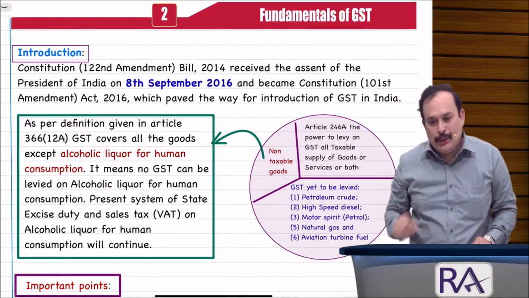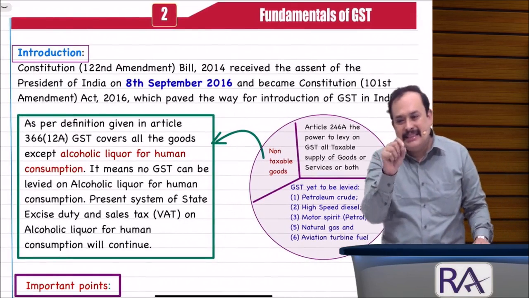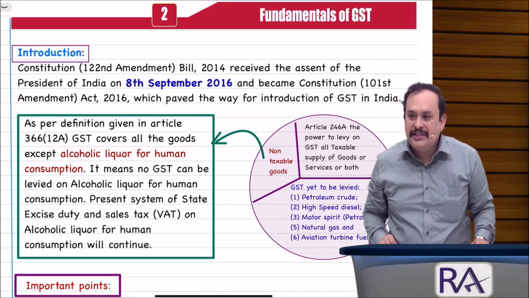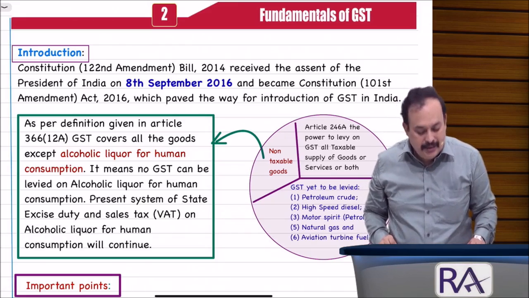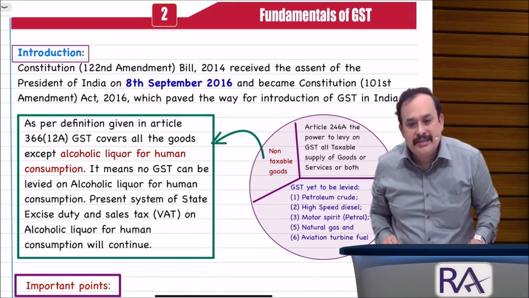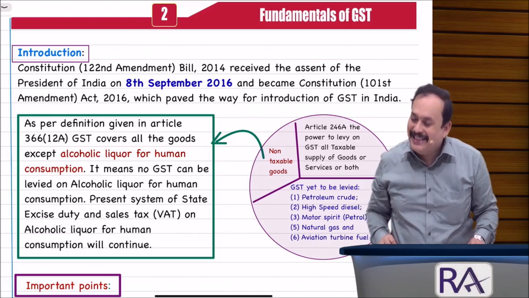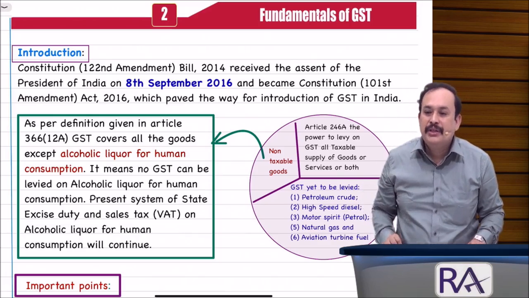As I just now told you, to levy the tax in India, there must be an act, for which List 3, the concurrent list, has been enacted by the government with the help of the state governments.